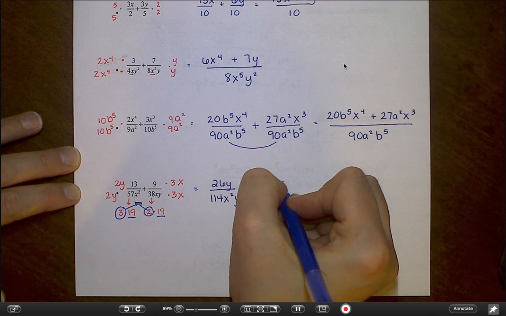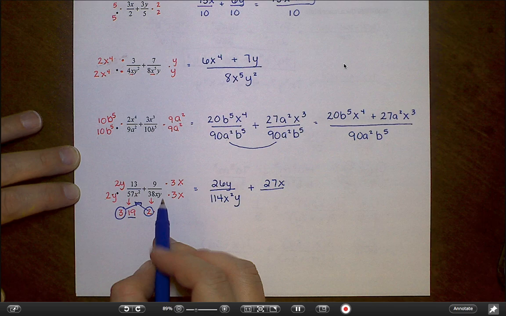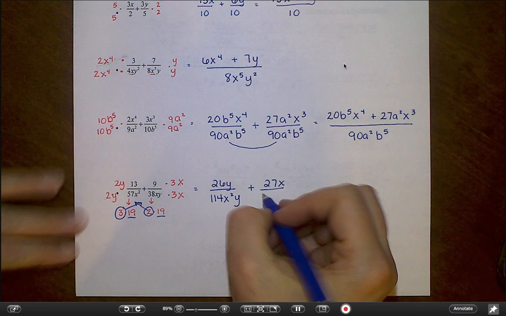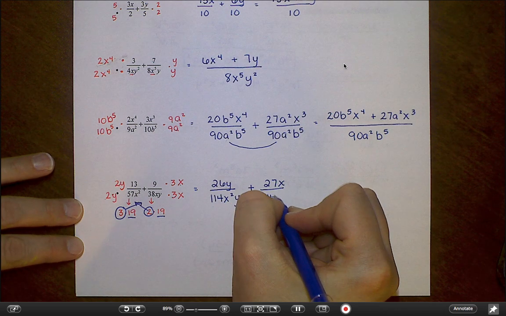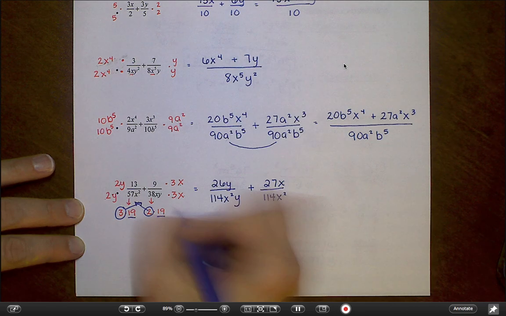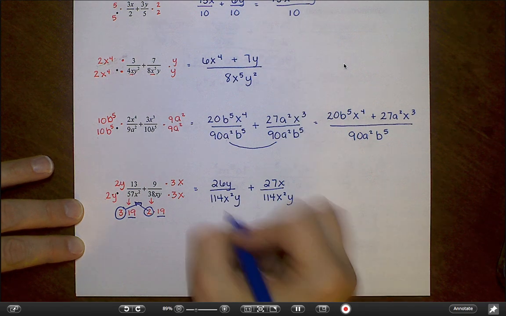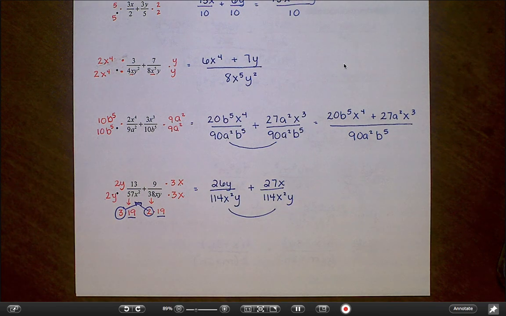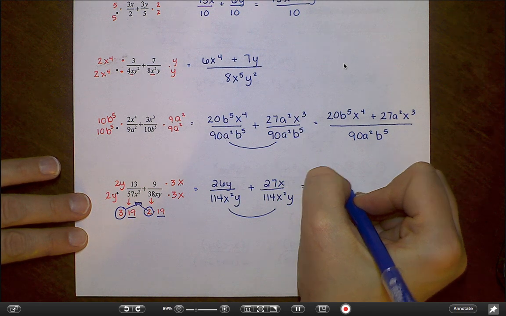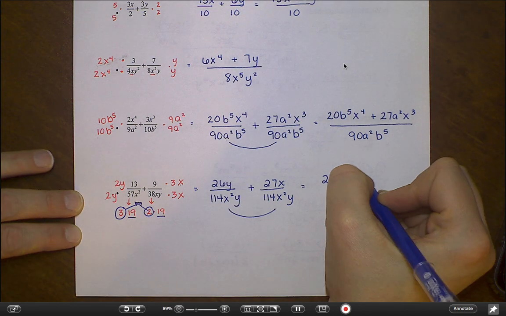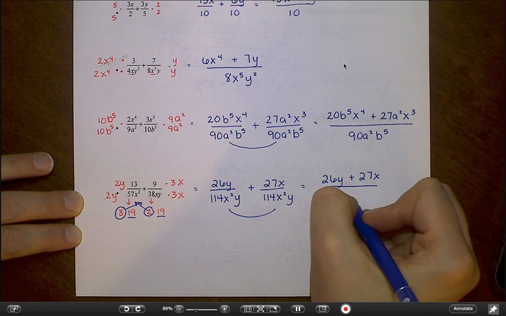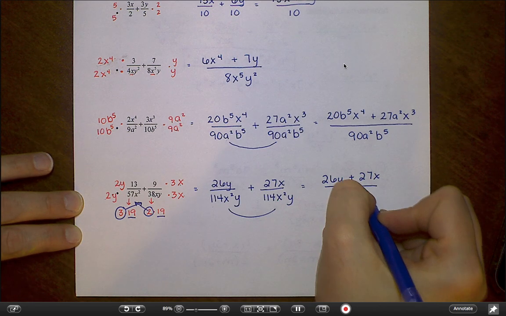And then that has an x on it from there. 38 times 3 better be 114, but you can check that in your calculator if you weren't sure. And then I'm going to have an x and an x, which gives me an x squared and a y. I've got my common denominators, which is what I wanted to have happen. And now I can say 26y plus 27x all over 114 x squared y.